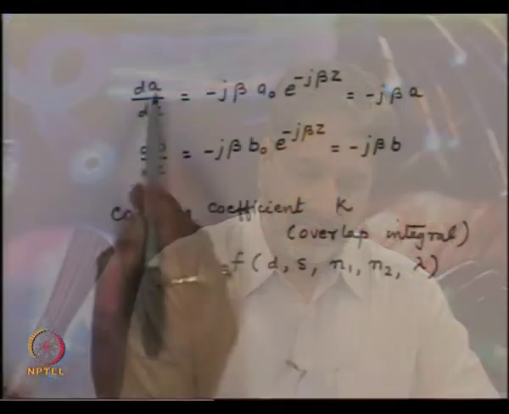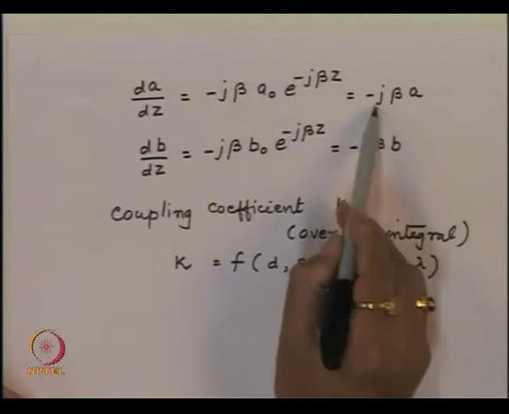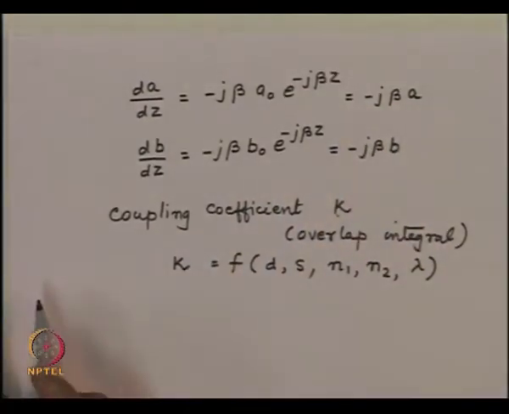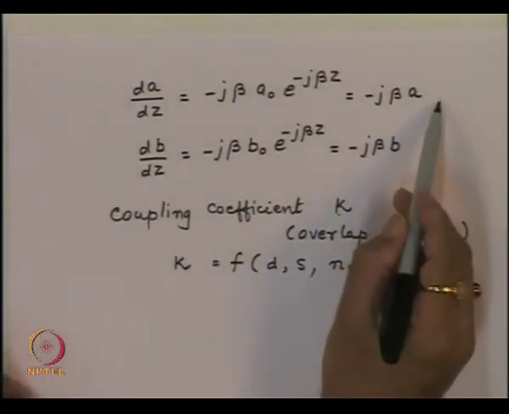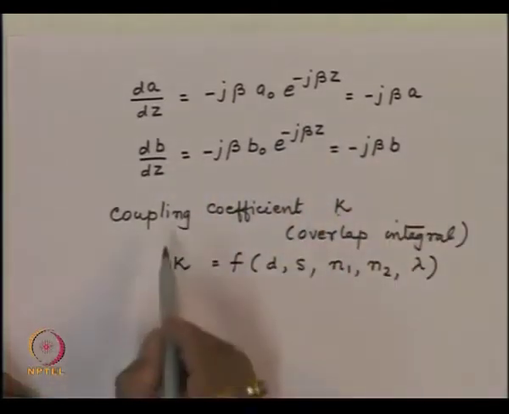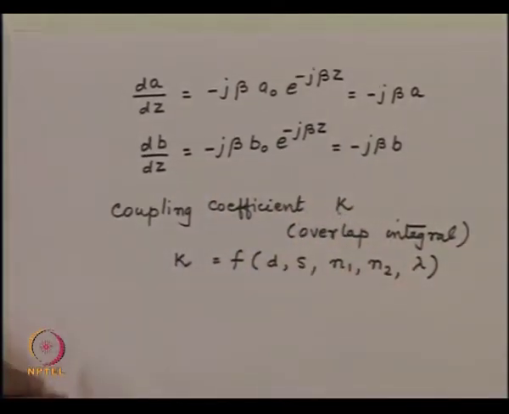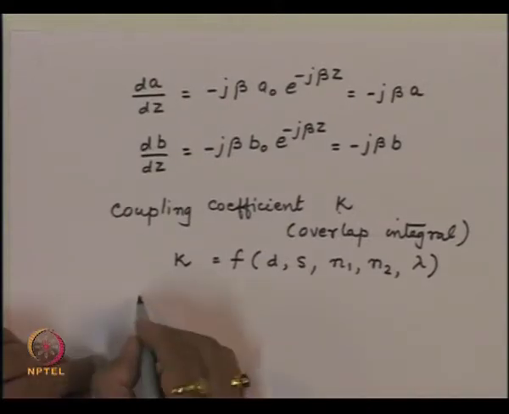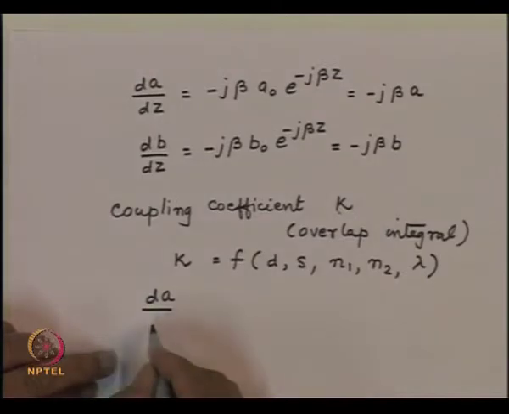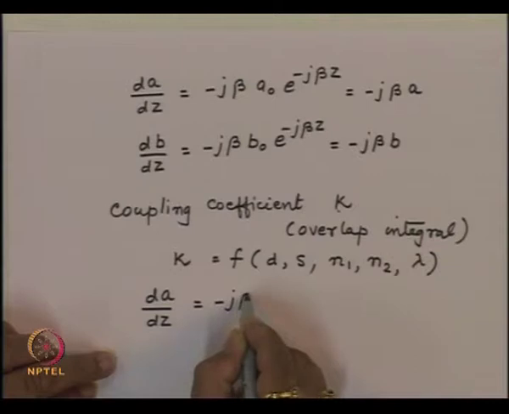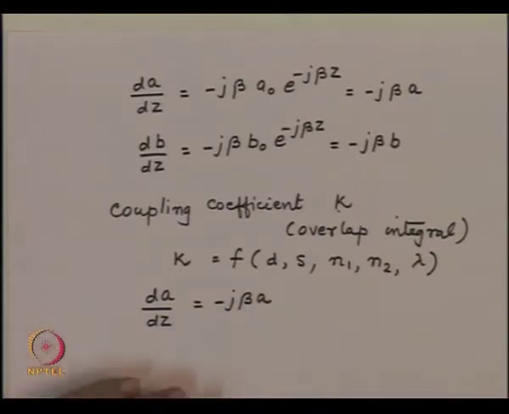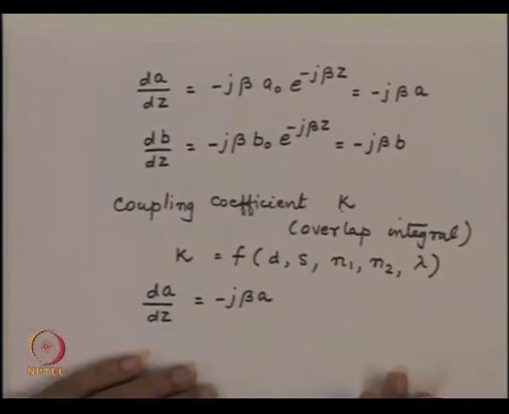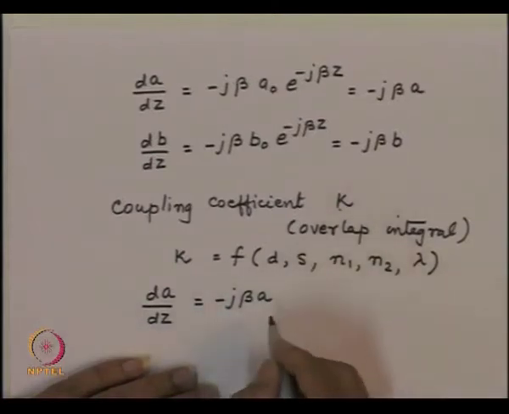So now what we are saying is that dA by dz is not only proportional to A, but there is certain thing which is related to B also. That's what is given by the coupling coefficient k. So we can say that now in the presence of the coupling, we get dA by dz, that is the original term, plus you are having something which is coming because of coupling from the second waveguide.